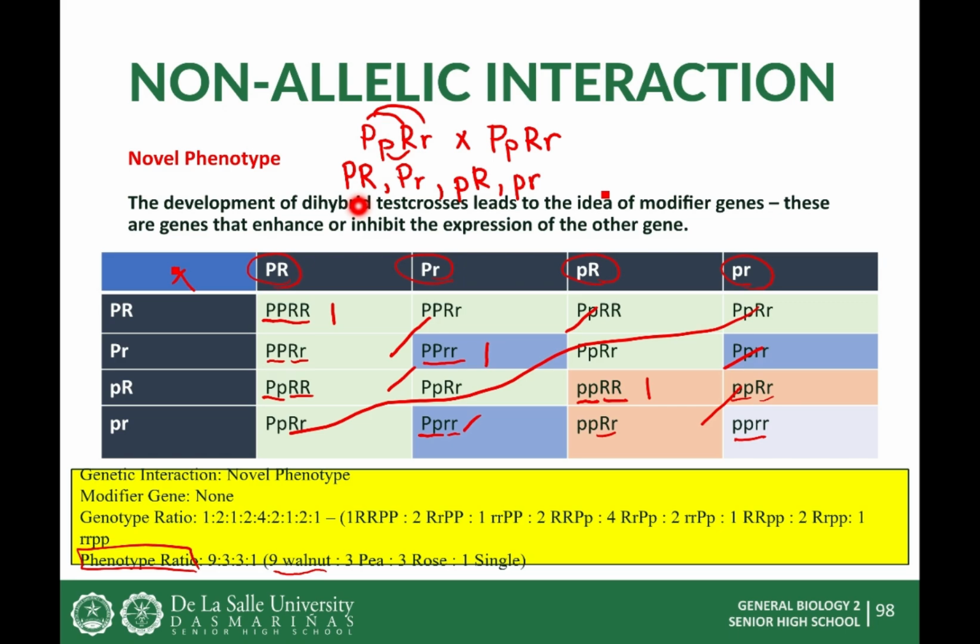It will come out if both of the genes are homozygous dominant or heterozygous, giving you this type of genotype. Let's count. 1, 2, 3, 4, 5, 6, 7, 8, and 9, giving you a 9 walnut.